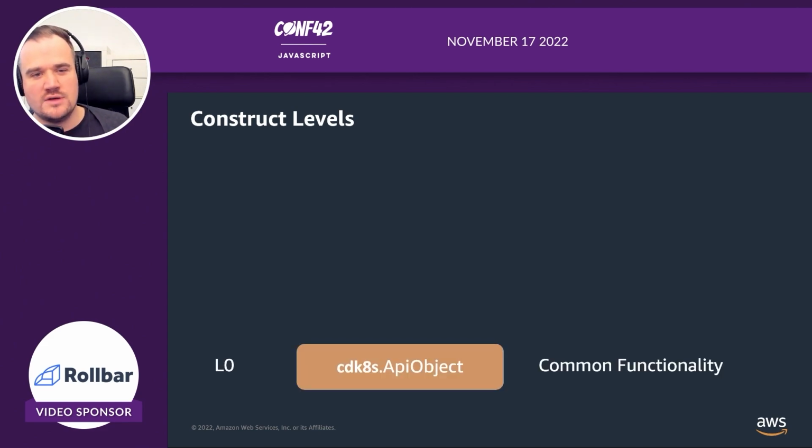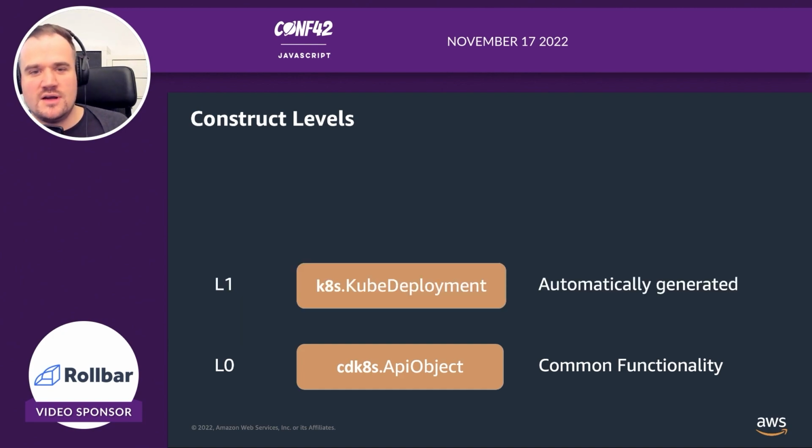At the lowest level, level 0, we have the common functionality of the Kubernetes API object. So this is a very bare bones representation of the normal API objects of Kubernetes. If we go one level up, we have those classes that we already use, like kube deployment, kube service, kube ingress. Those are automatically generated. They already give you some convenience, like the name generation I mentioned.